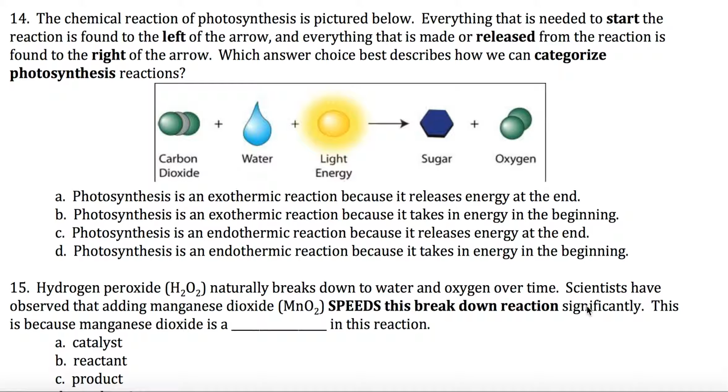A. Photosynthesis is an exothermic reaction because it releases energy at the end. B. Photosynthesis is an exothermic reaction because it takes in energy in the beginning. C. Photosynthesis is an endothermic reaction because it releases energy at the end. D. Photosynthesis is an endothermic reaction because it takes in energy at the beginning.